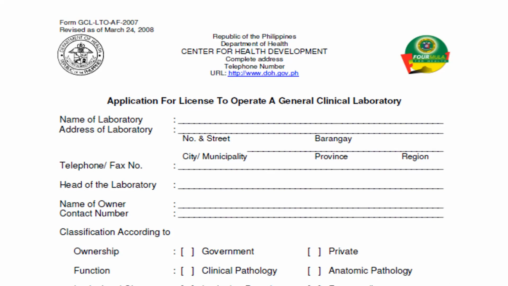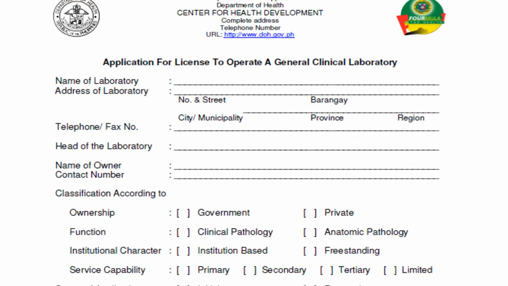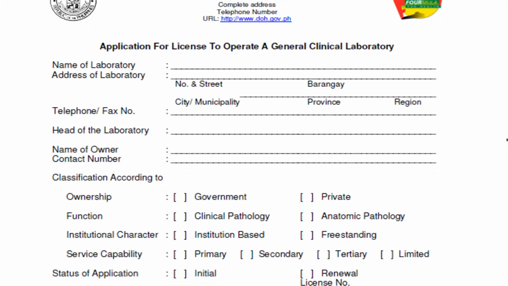Let's say, for example, if this is a hospital-based laboratory, then the name of the hospital. Or if this is a freestanding laboratory, for example High Precision, or LDC, something like that. Those are freestanding laboratories. So that is the name of the laboratory, the complete address of the laboratory, the telephone number, and the head of the laboratory.